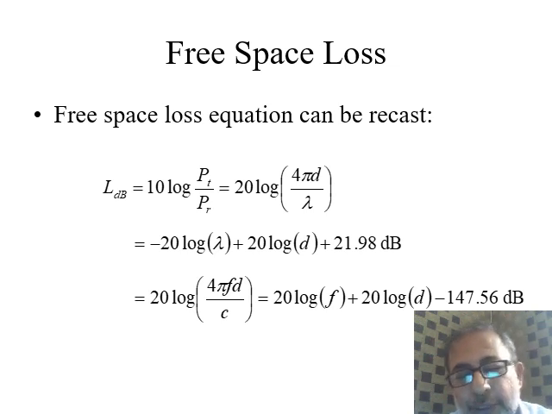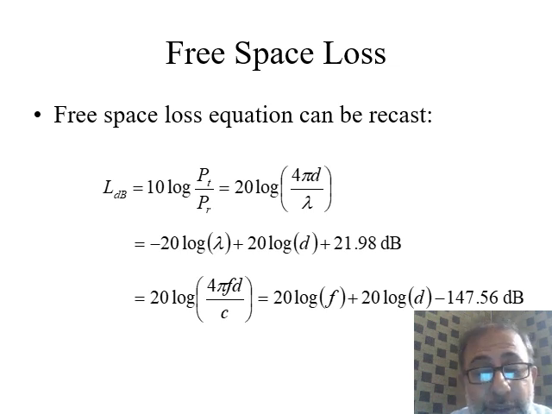So we have 20 log of 4 pi d over lambda. In this way we get minus 20 log of lambda, because lambda is in the denominator, plus 20 log of d plus 20 log of 4 pi, which comes out to be 21.98. You can calculate this on your calculators also.